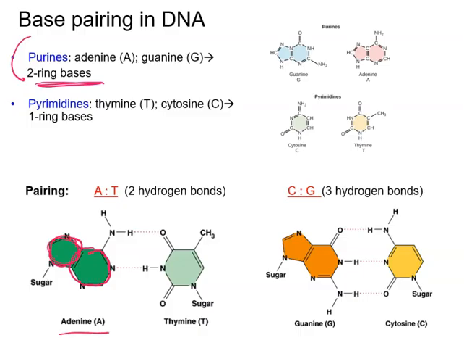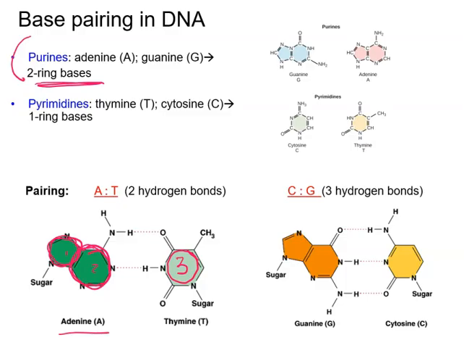Here's ring number 1, number 2, so there are 2. Pyrimidines, thymine and cytosine, have only 1 ring. So how many rings go across the DNA? What would be the width? Yes, if you said 3, you are correct, because we have 1, 2, 3 rings that go across.